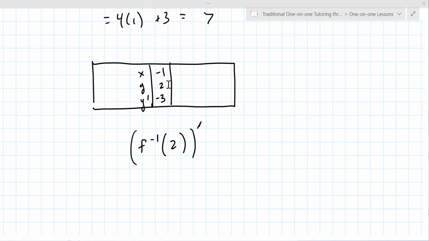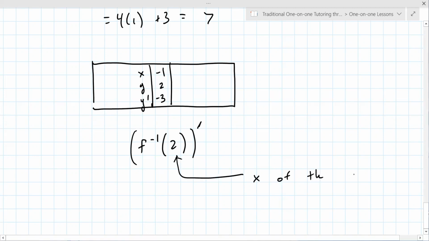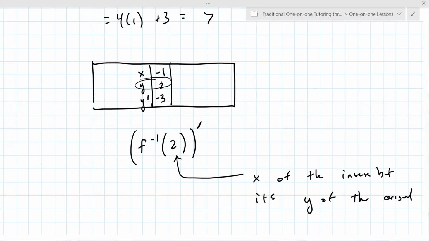Okay, so the table will have all these other values, but this number is the confusing part. It's x of the inverse, but it's y of the original. So you go to your table and you're like, oh yeah, there it is. So there's your point, -1, 2.